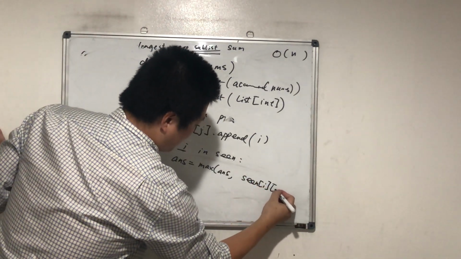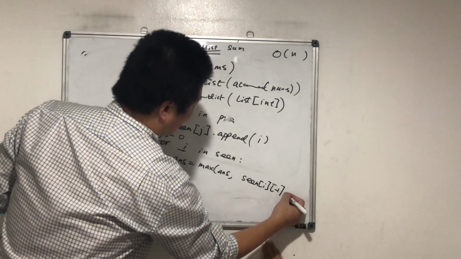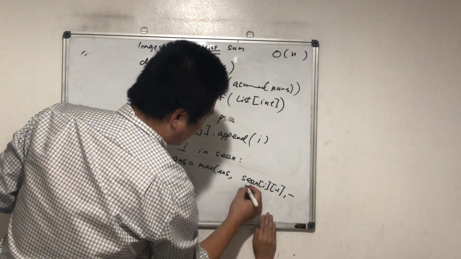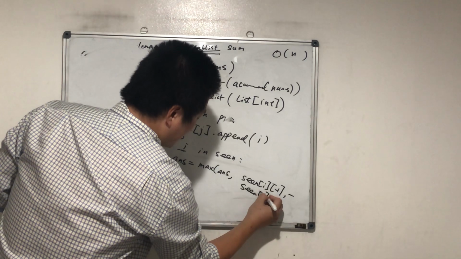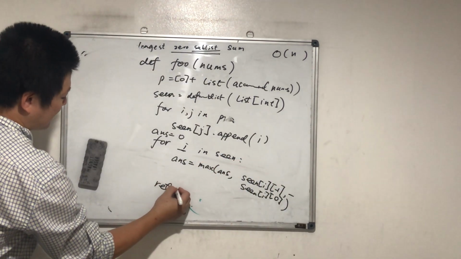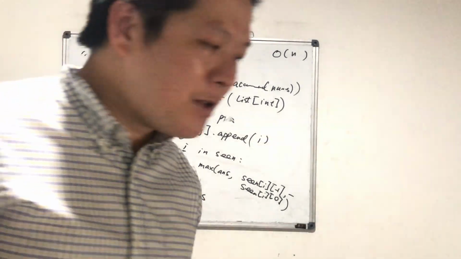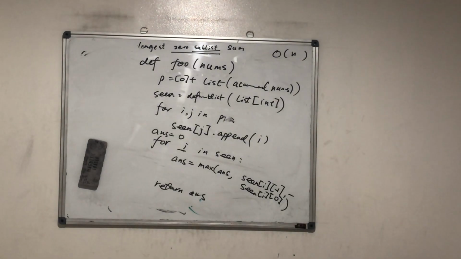I want the lowest index and the maximum index, the difference. So seen[i][-1] minus seen[i][0], right? And then return what? This is the easy part. Return the answer. Can you imagine why this will work? Why will this work?